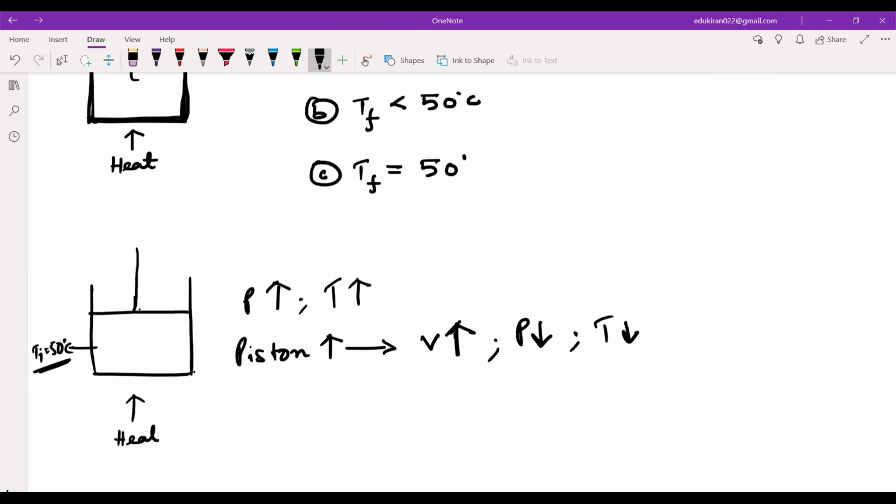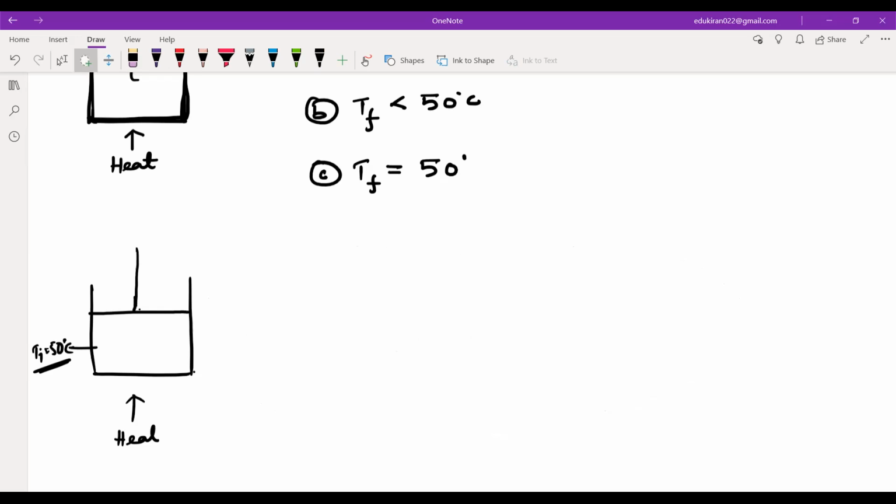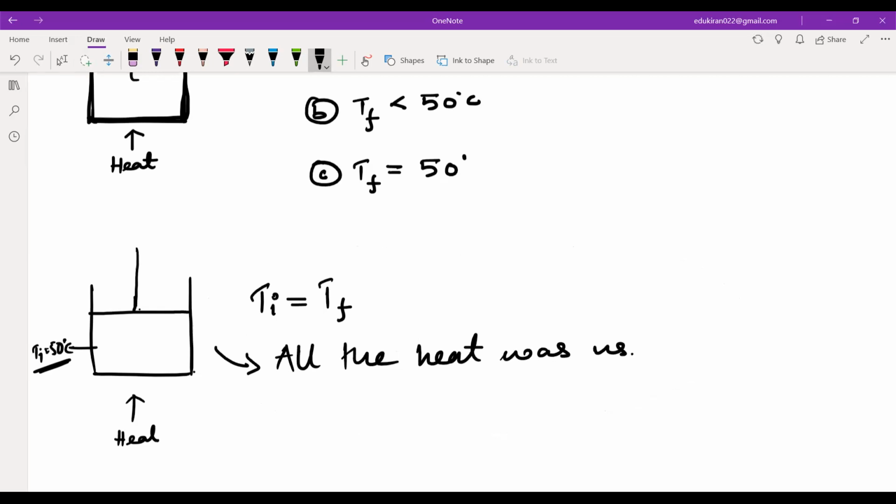Now, as you can see, if I heated something, and there was a change in volume, so much so that the T initial was equal to T final, that means I can say all the heat was used for change in volume. Yes or no?